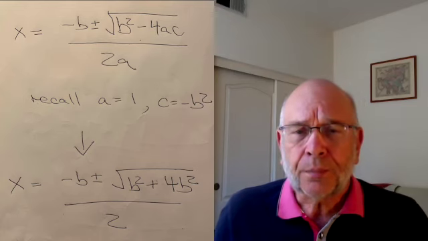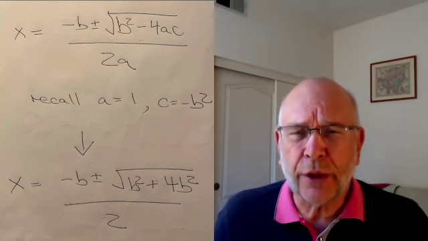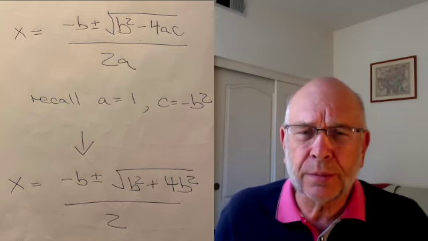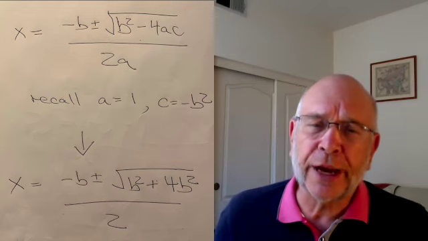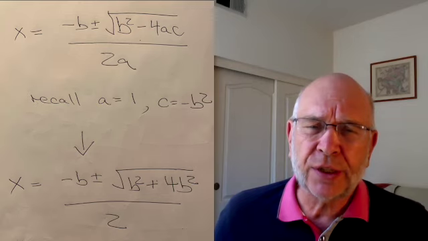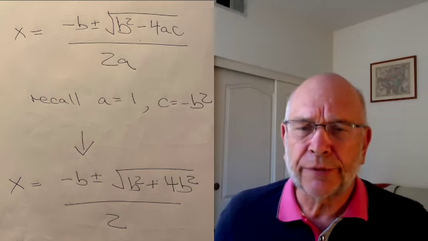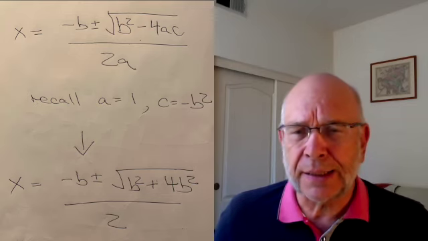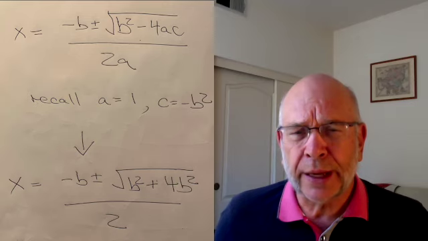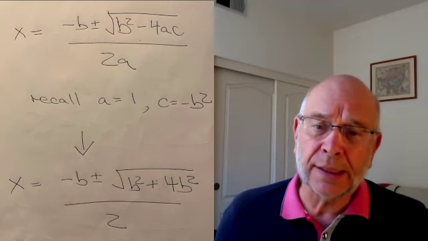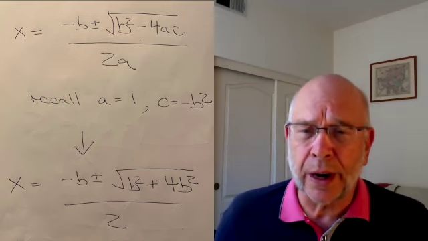Now, it's allowing us to solve for x in terms of these three variables, a, b, and c. But remember that a is 1 and c is minus b squared.